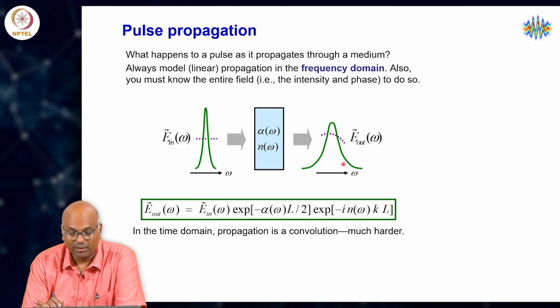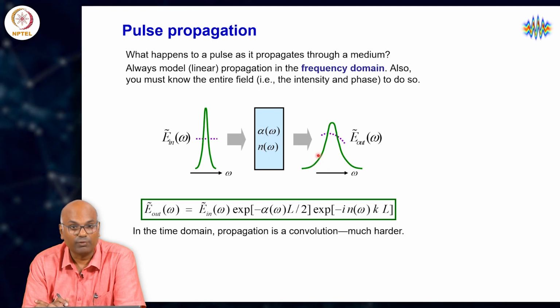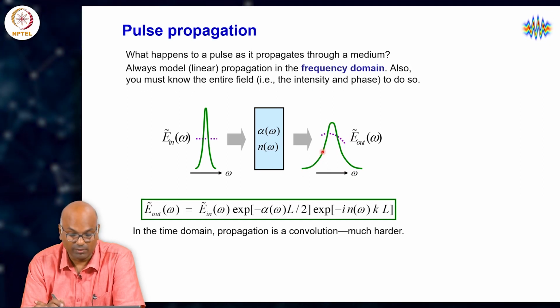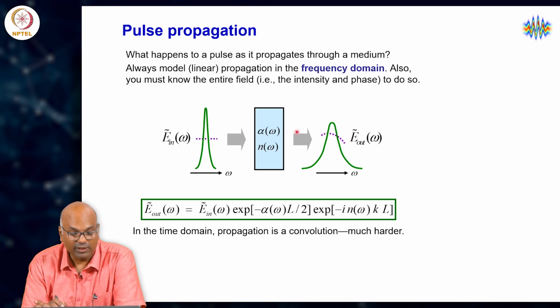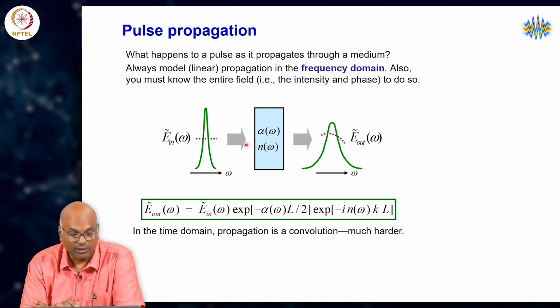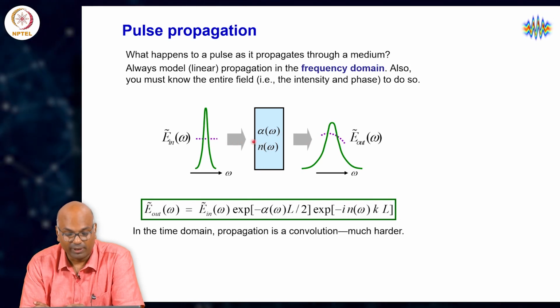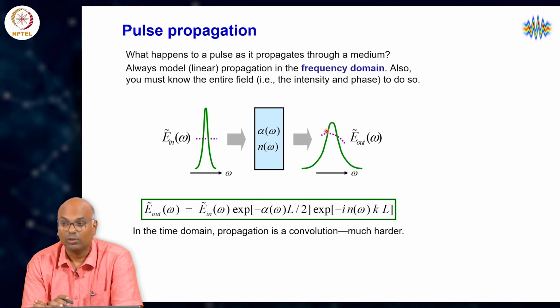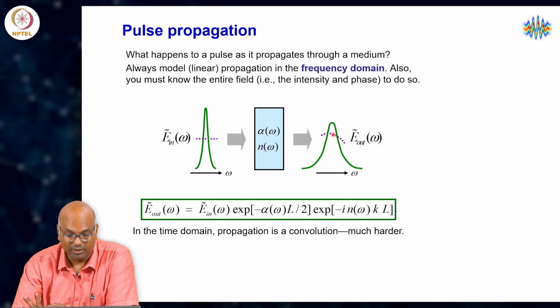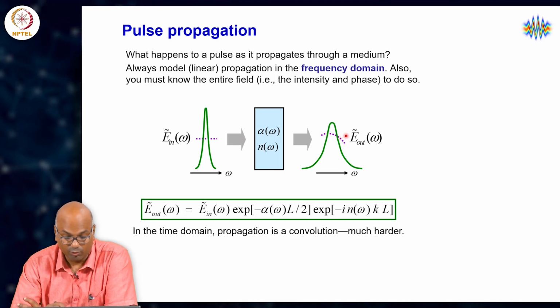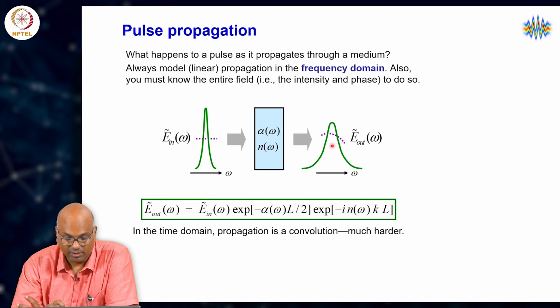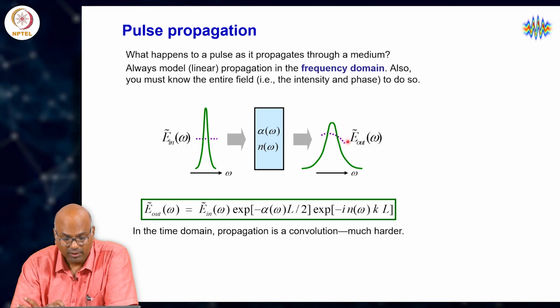Evidently, in this cartoon, the width of the pulse, if you consider a full width at half max, has broadened, and the spectral phase has gone from being flat, which is to say phi of omega being 0 throughout, to some nonlinear, quadratic or cubic kind of phase profile. That is the output.